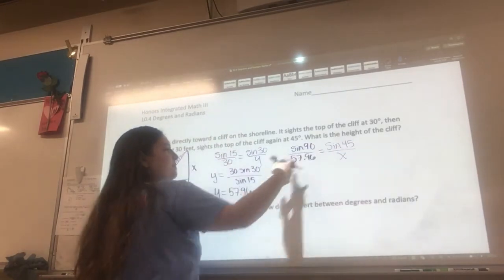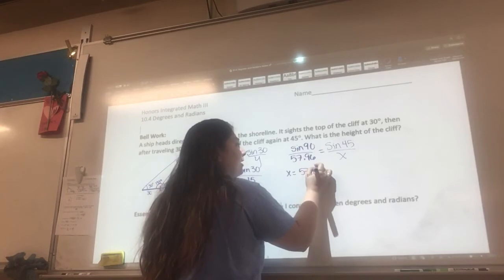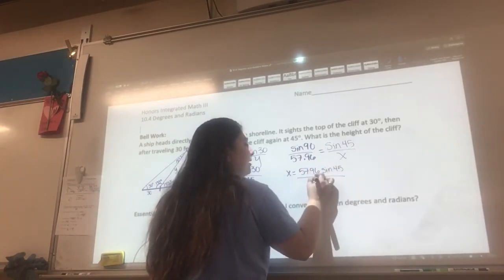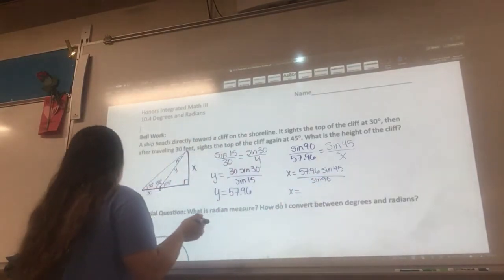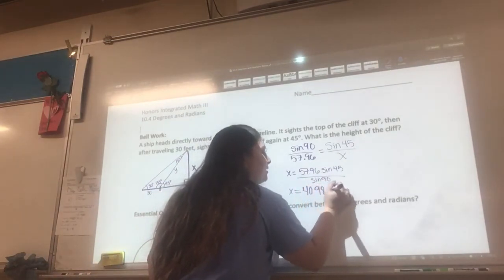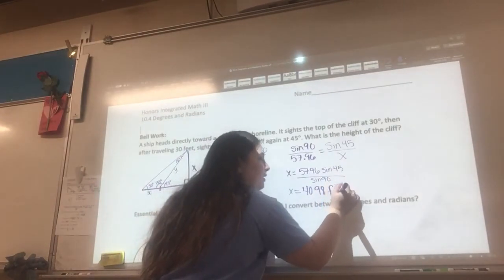We cross multiply, and we see x is going to equal 57.96 sine of 45 divided by sine of 90. Plug that into your calculator and you see x equals 40.98. And since this is what we're looking for, the height of our cliff is 40.98 feet.